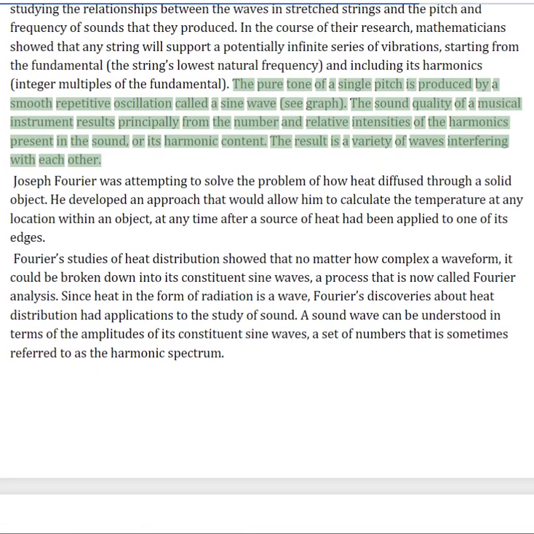The pure tone of a single pitch is produced by a smooth repetitive oscillation called a sine wave. The sound quality of a musical instrument results principally from the number and relative intensities of the harmonics present in the sound, or its harmonic content. The result is a variety of waves interfering with each other.